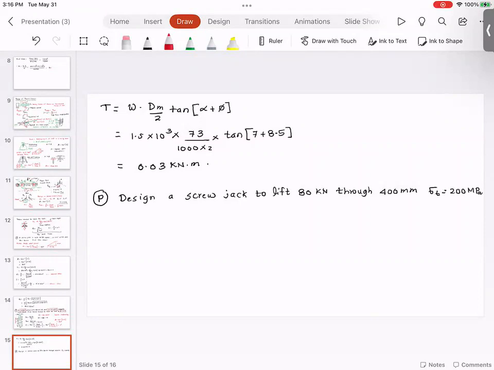Side note: megapascals, mega is 10 to the power 6. Pascals is Newton per meter square, which is the same as Newton per millimeter square. So another way of saying this is 200 Newton per millimeter square. The nut material is Prosper bronze.